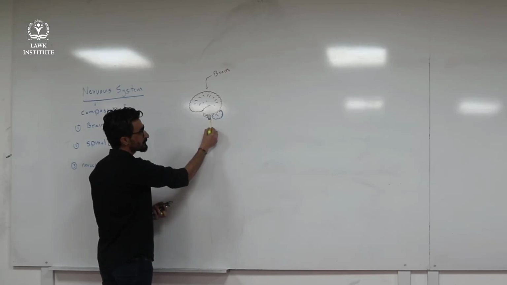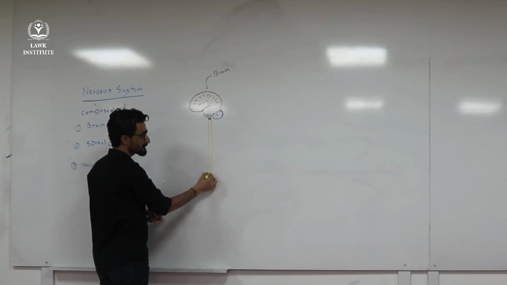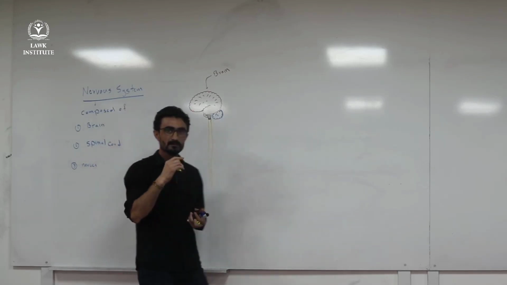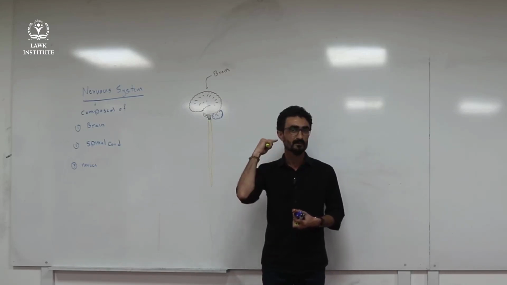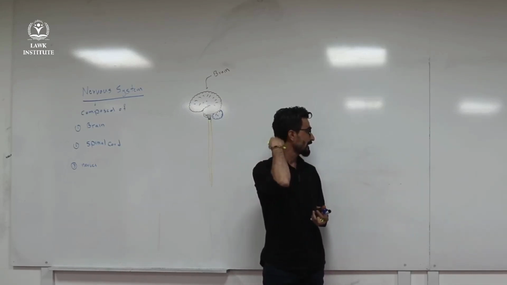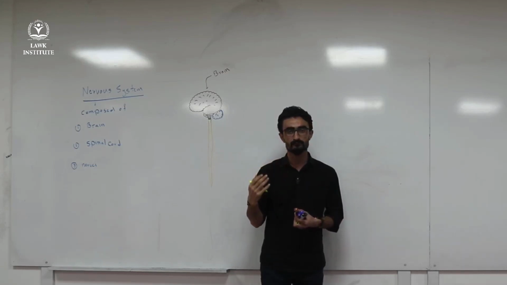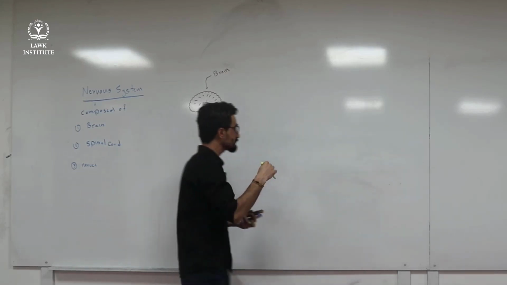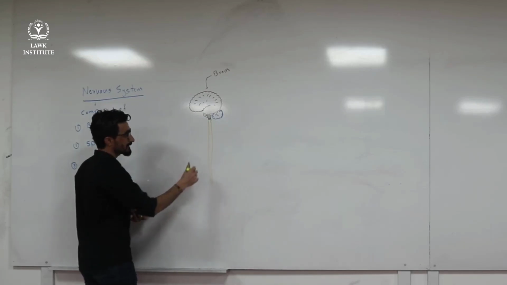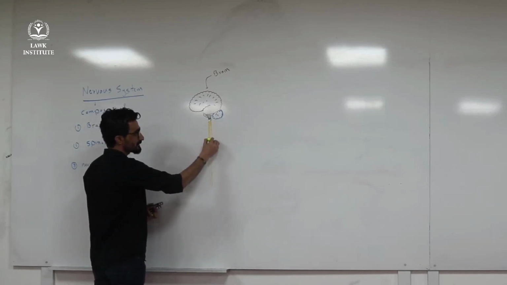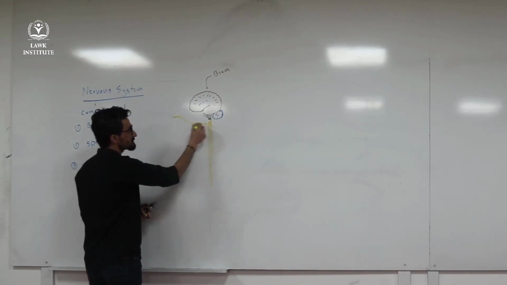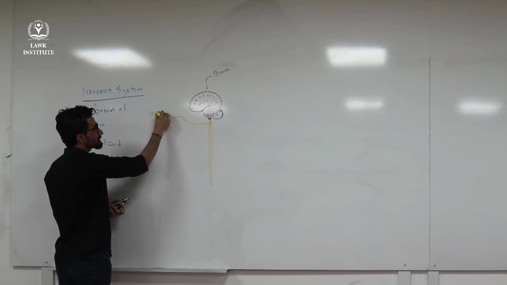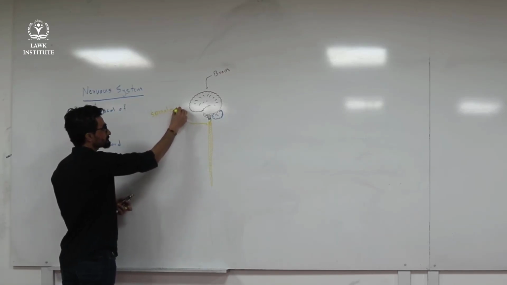Basically, the spinal cord extends from your neck throughout your vertebral column. This yellow color represents your spinal cord, which extends from your neck throughout the bones of the vertebral column to the middle of your backbone. So this yellow structure represents the second part of the nervous system, which is called the spinal cord.